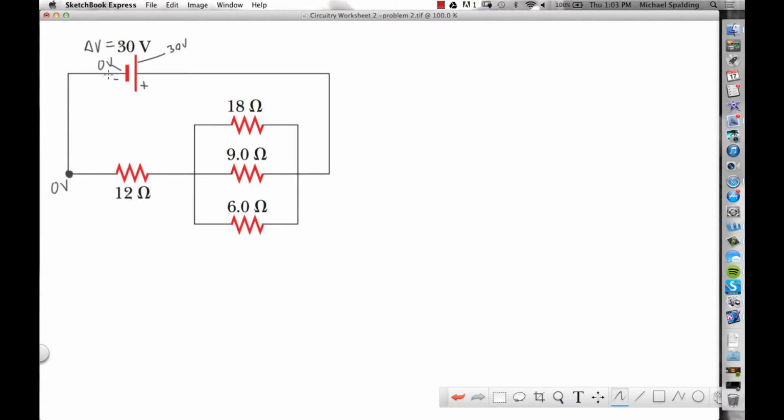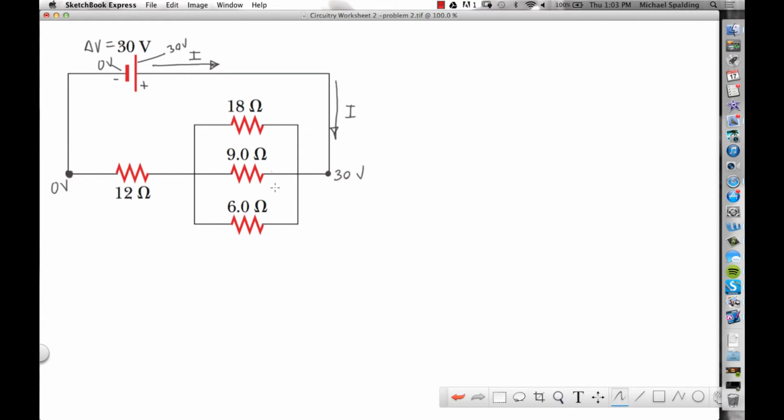The only time your volts will change is if you cross a battery or cross a resistor. Okay, so how many volts do we have over here? 30, right? So the current comes out of the battery like this. Current is always positive charge motion. Current is capital I. The current comes down like this.